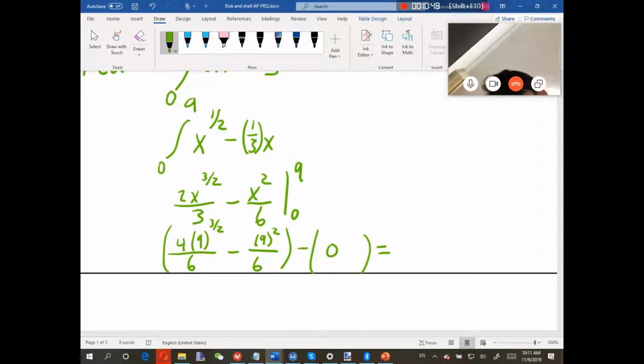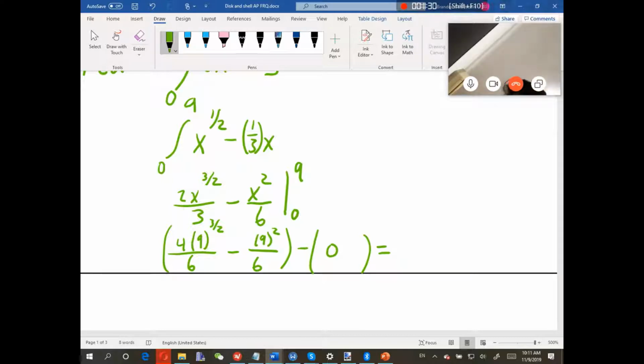So this something raised to the 3/2 power means you're going to take the square root and then raise it to the 3rd power. So what is 9 to the 3/2 power? Not 9. I'm going to take, what's the square root of 9? 3, and then raise that to the 3rd power. 27, okay.